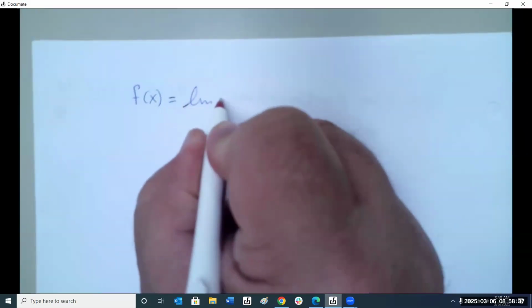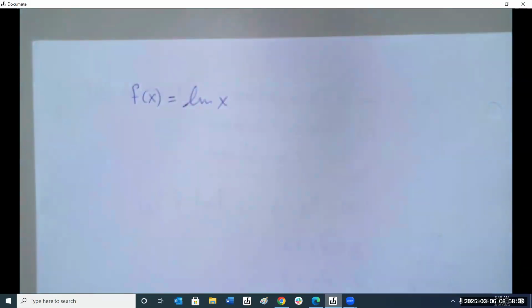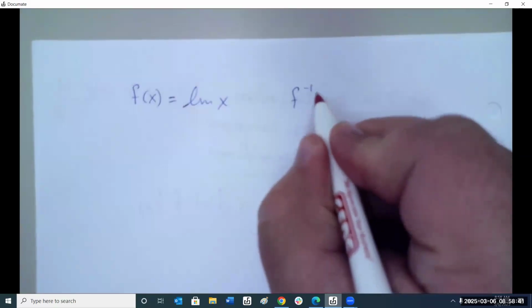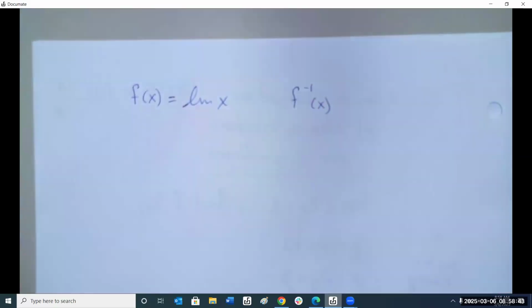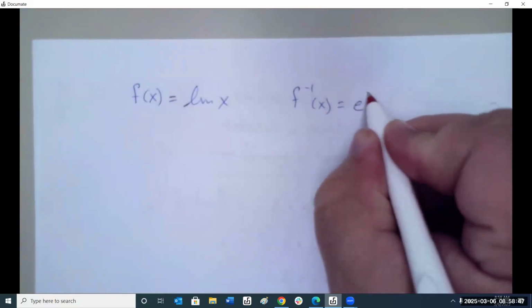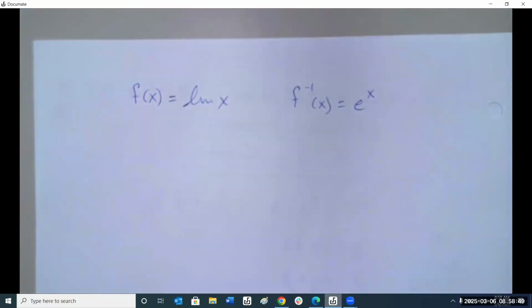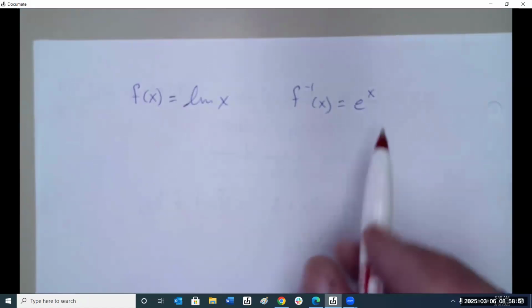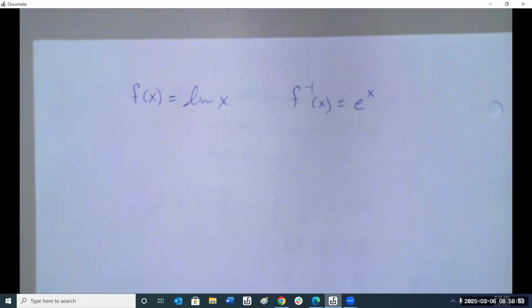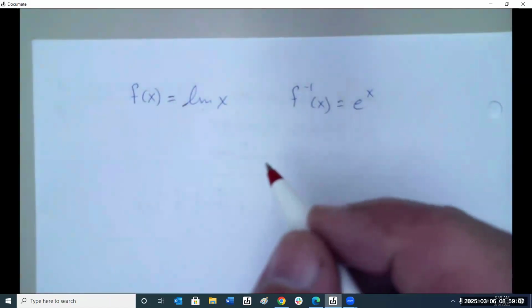If I had a logarithmic equation, what is its inverse? These are inverses of each other. And there's a whole set of properties that we have in logarithmic or exponential equations and logarithmic equations.